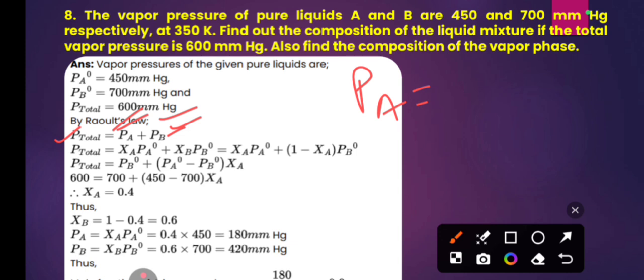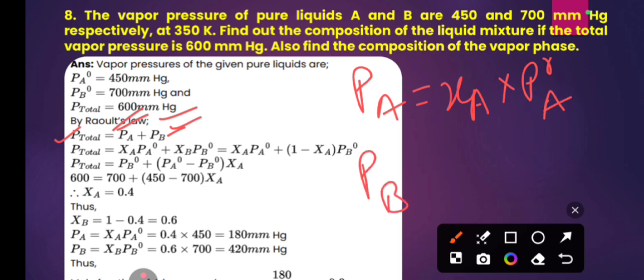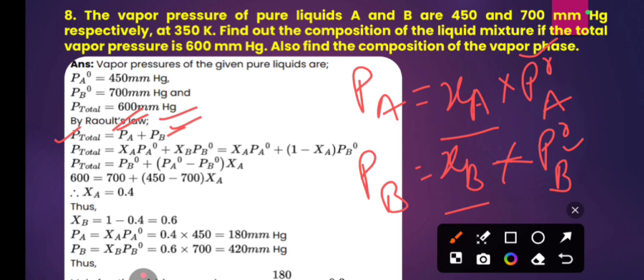By using this formula: PA equals XA into P naught A, and partial vapor pressure of B you can calculate as XB into P naught B. Total vapor pressure is given to you, and mole fraction of A and B you have to solve. P naught A and P naught B are also given to you, so you can calculate the numerical.